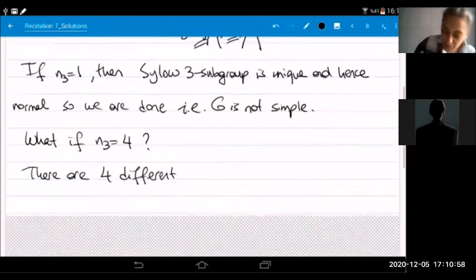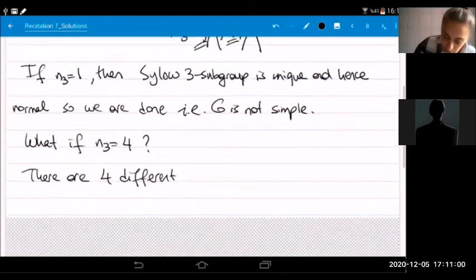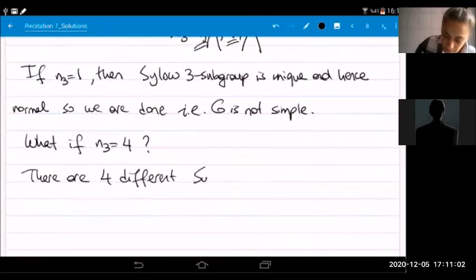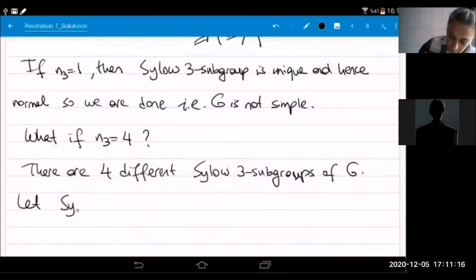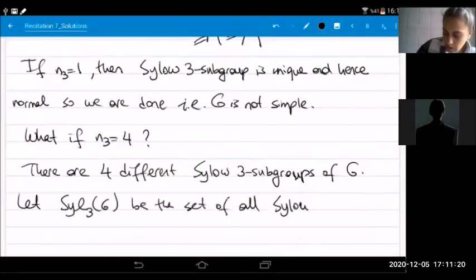Now there are 4 different Sylow 3 subgroups of G. Let Sylow 3G be the set of all Sylow 3 subgroups.